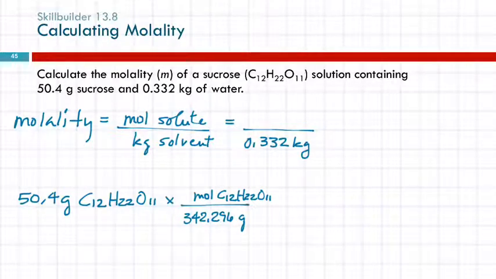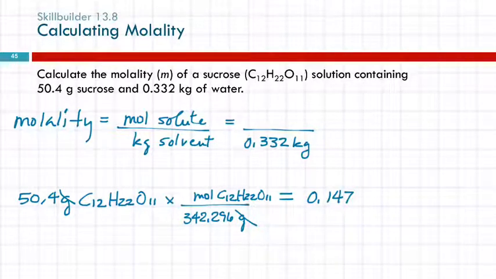So 50.4 divided by 342.296. So the units are canceling out, grams and grams. Okay, caught that. 3 sig figs in our starting number, so this number of moles is going to have 3 sig figs.